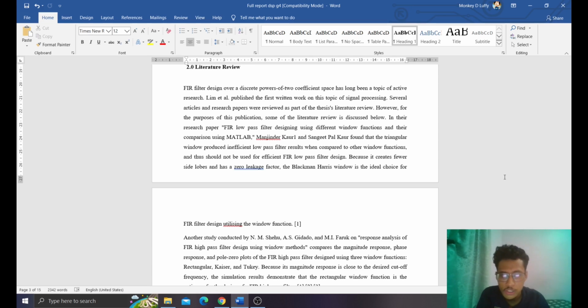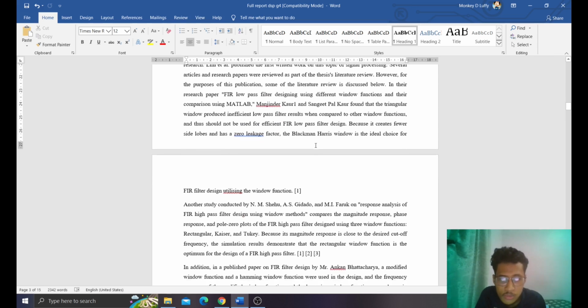The FIR filter design over a discrete powers-of-two coefficient space has long been a topic of activity. A publisher published the first written work on this topic in signal processing. Several articles and papers were reviewed as part of the literature review. For FIR, there is low-pass filter design using different window functions and their comparison using MATLAB in a research paper.